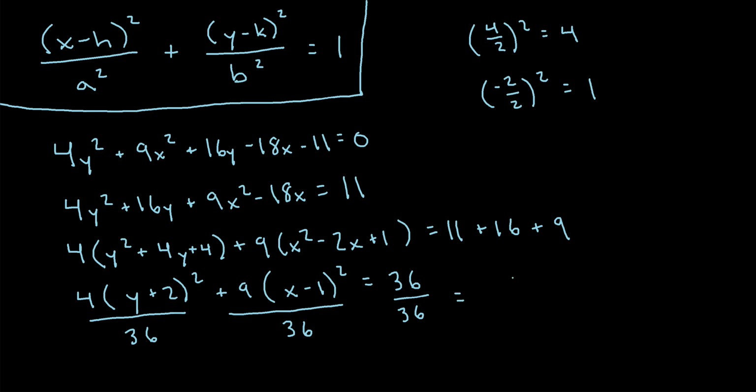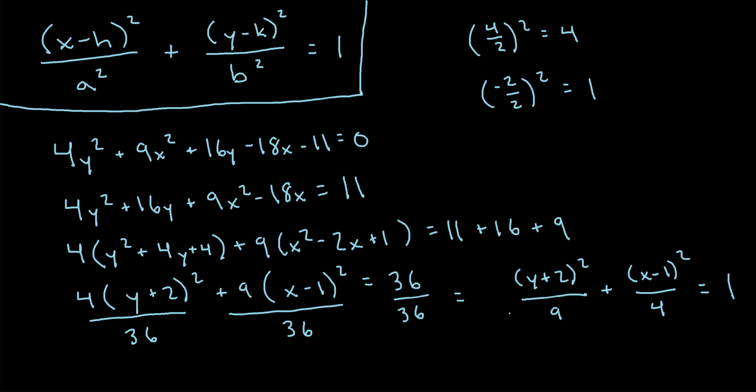So we can write that as y plus 2 squared over 9. Plus, over here, 9 divided by 36, that can be reduced to 1/4. So we can write it as x minus 1 squared over 4. And on this right-hand side, we're left with a 1.